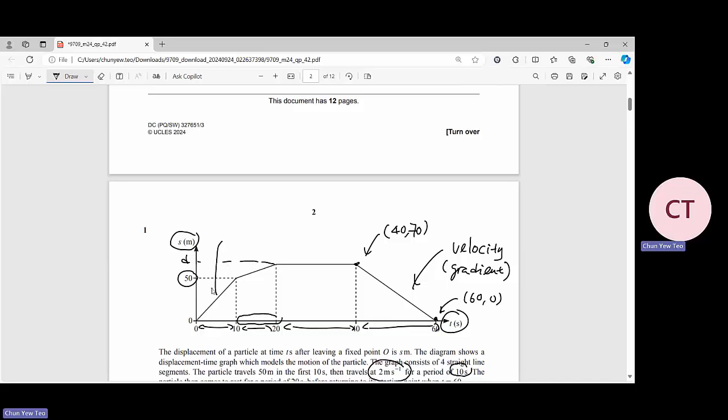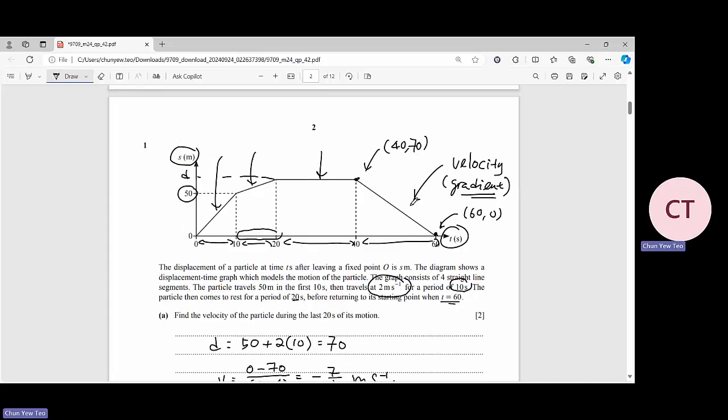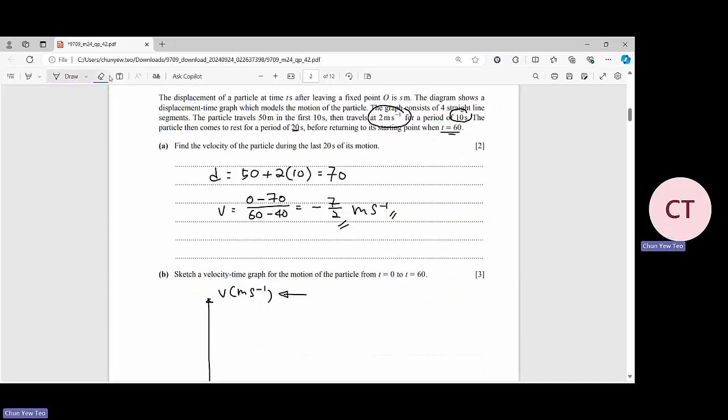We need to find the gradient for this one, this one, and this one. Just now we found the gradient for the last part, which is negative 3.5, or negative 7/2. We make it decimal, easier for us.